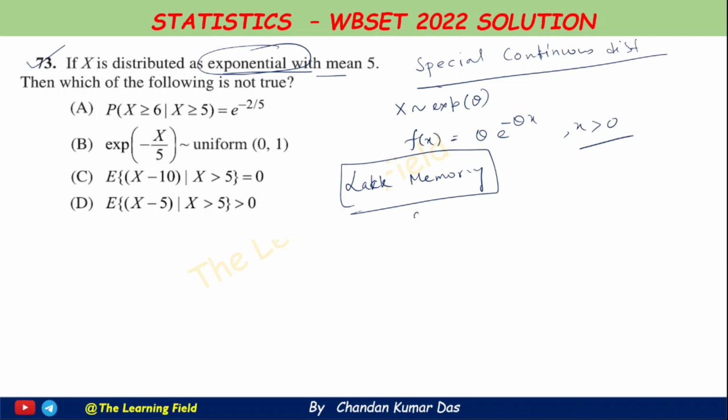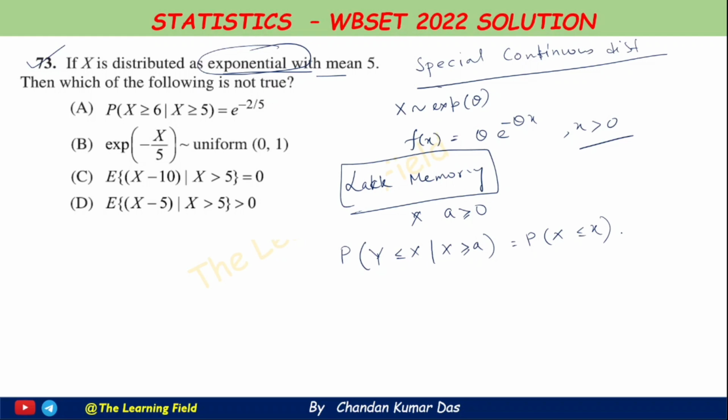If x follows this distribution, then for any a greater or equal to 0, the probability of y less or equal to x, given x greater or equal to a, is equal to the probability of x less or equal to x, where y equals x minus a. This is the lack of memory property.